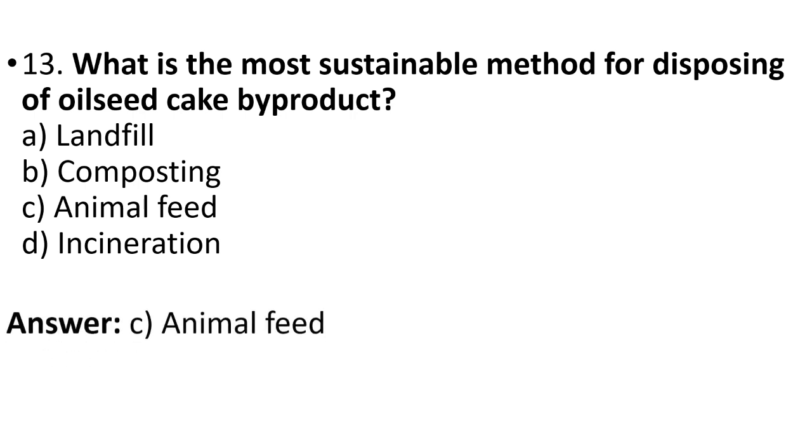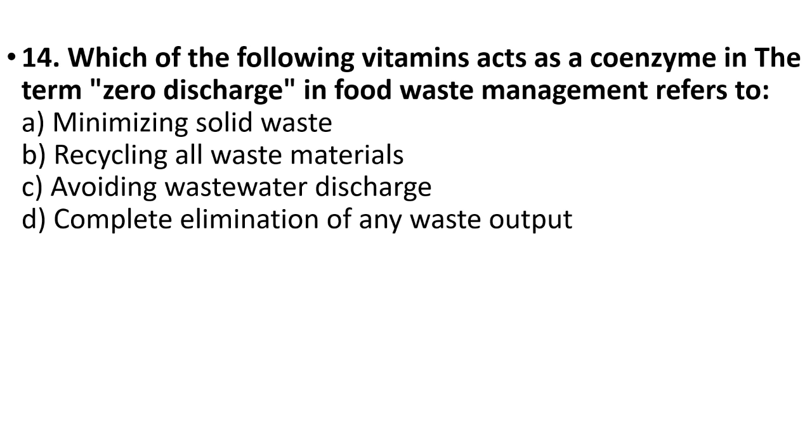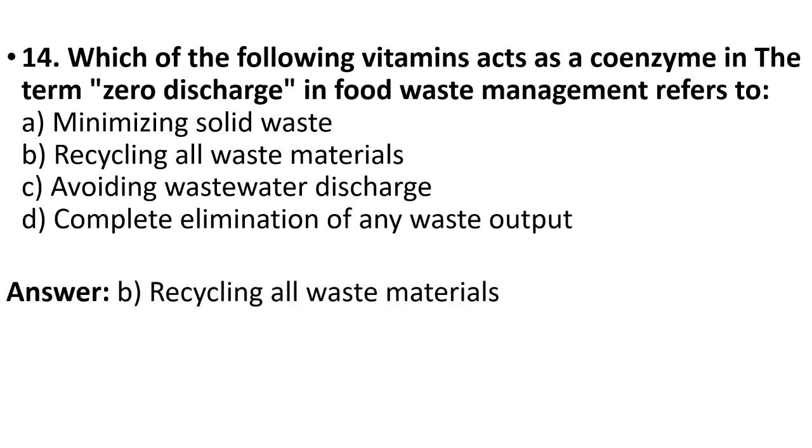Your answer is option C, animal feed. 14th question. The term zero discharge in food waste management refers to? Minimizing solid waste, recycling all waste materials, avoiding wastewater discharge, complete elimination of any waste product output. Your answer is option B, recycling all waste materials.